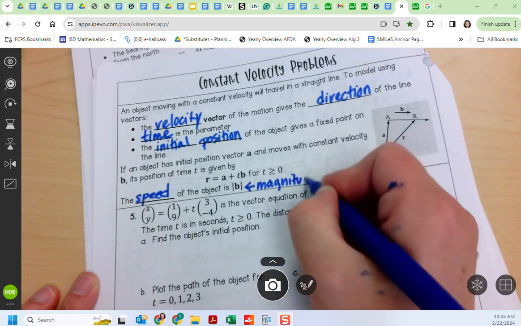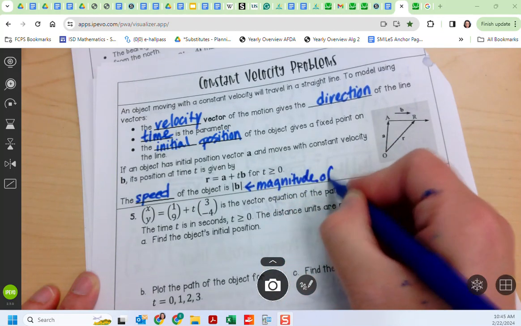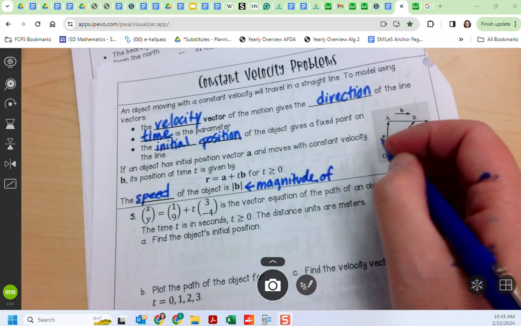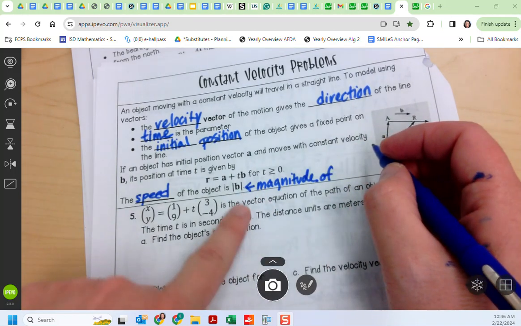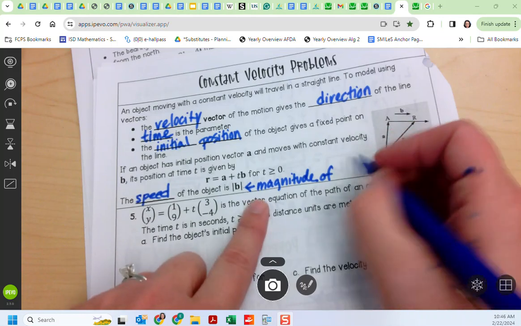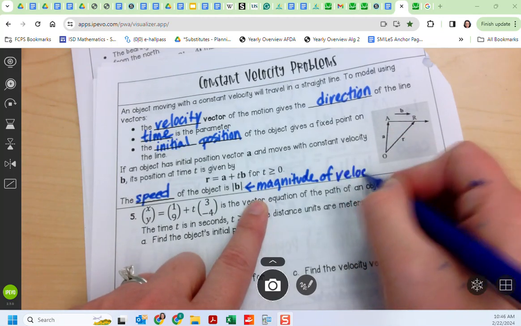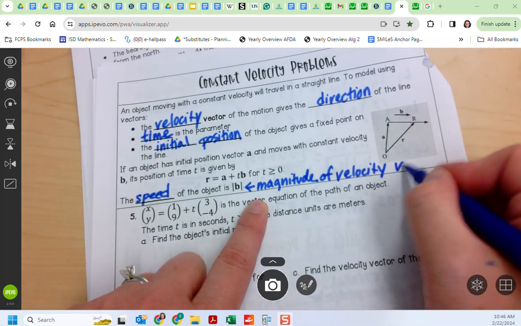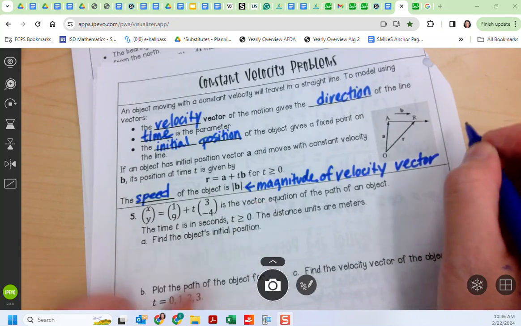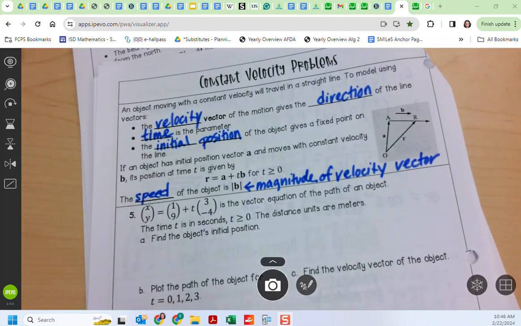Yeah, but they're saying that velocity could be negative, but not speed. Okay, so the speed of the object is the absolute value of b, which is the magnitude of the velocity vector.